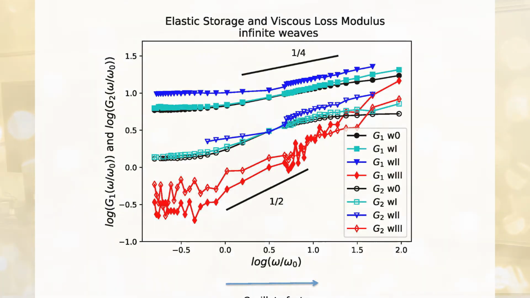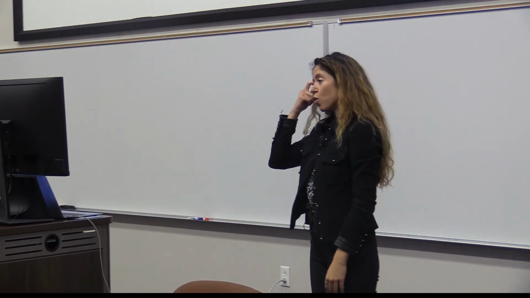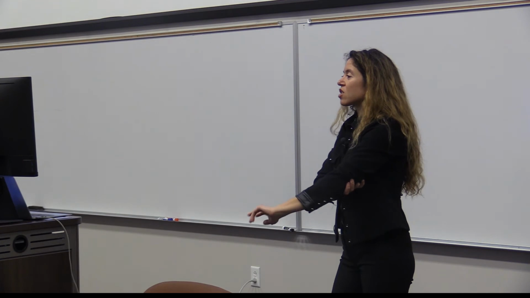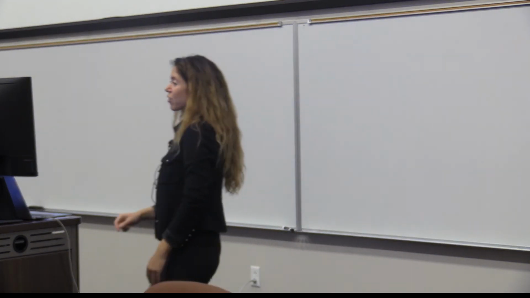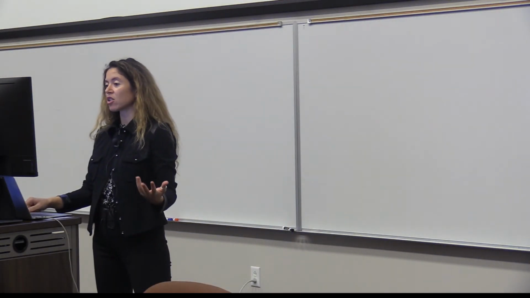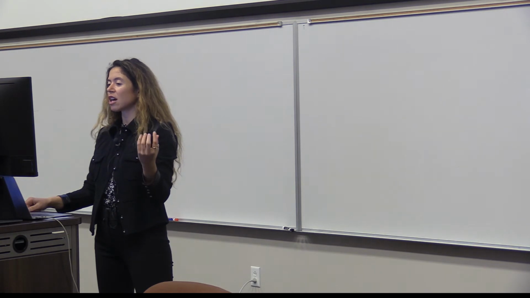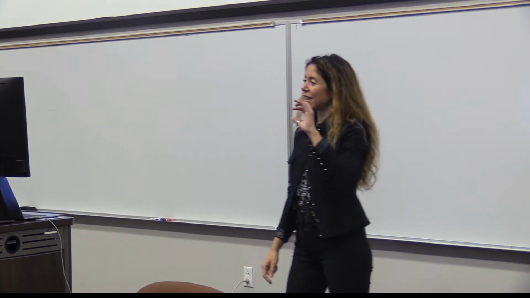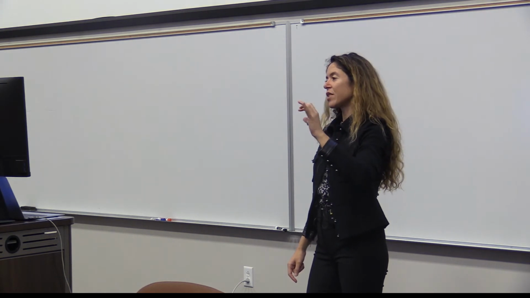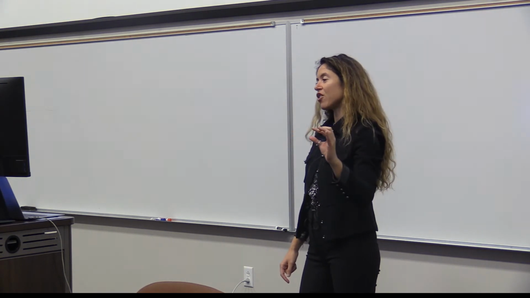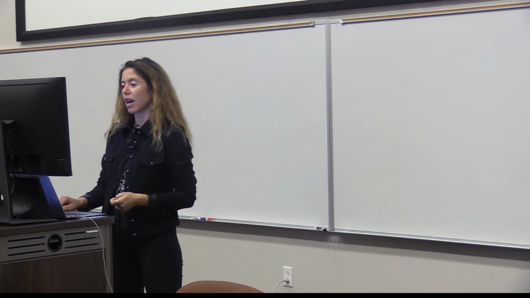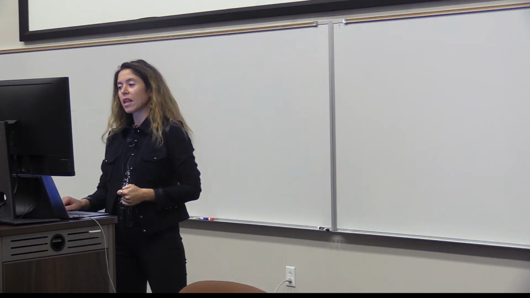For the last one, the most entangled, we see that there is a variation. That is because it is very entangled, but also a lot out of equilibrium. For this experiment to show the expected behavior, you have to go to really, really low frequencies, and maybe this is too high a frequency for that to show.